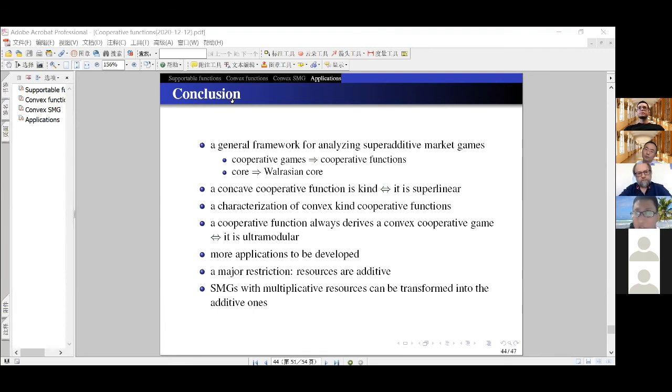Unfortunately, for my work, because it's very preliminary, I only considered the static or the one-shot problem instead of the dynamic ones. And maybe in the future, I will consider the dynamic version of it, and study the interesting time consistency problems. Thank you.